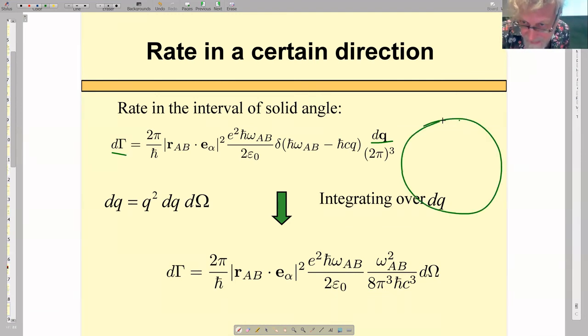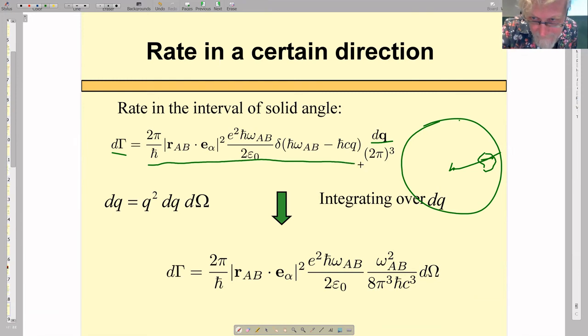All right, so there's a sphere, all directional photons, and if I look at a certain direction, I would integrate over an element of solid angle on the sphere, right? So that's what I got from the Fermi Golden Rule formula.